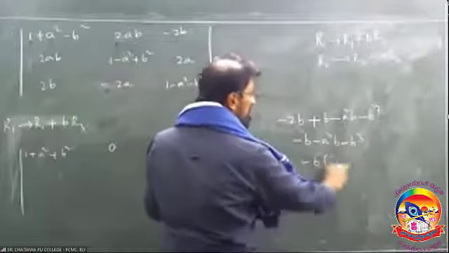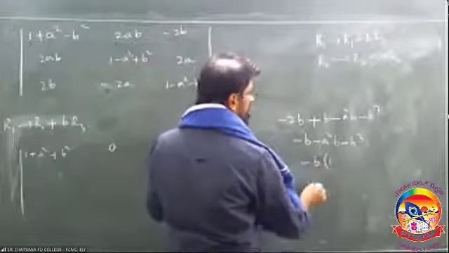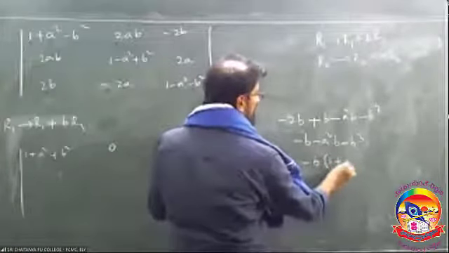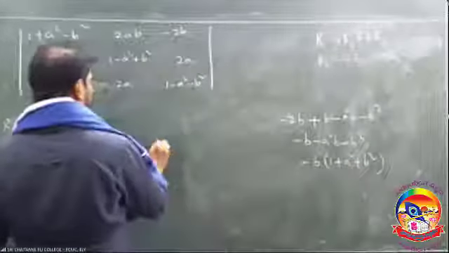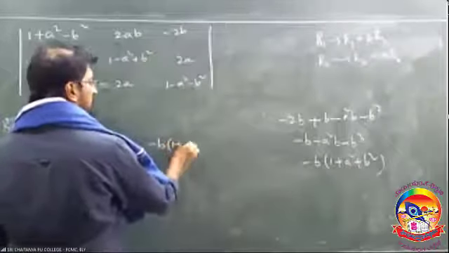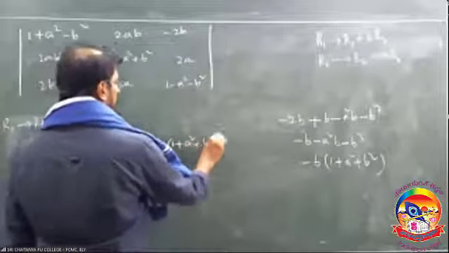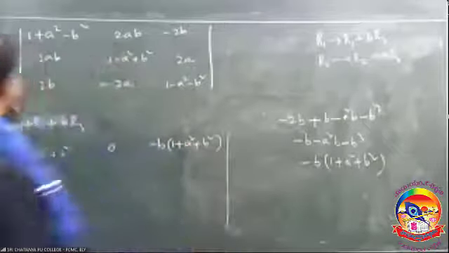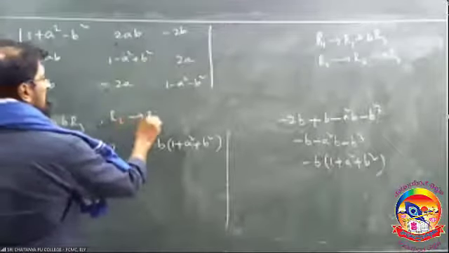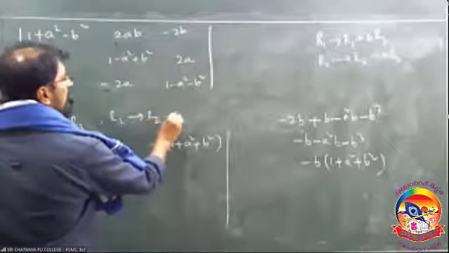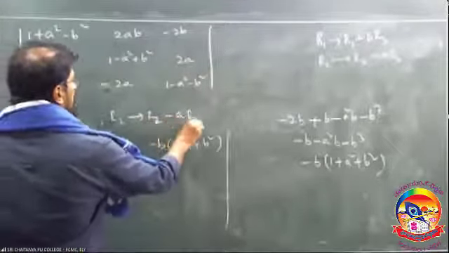Take minus b common, you are going to get 1 plus a square plus b square. So you are going to get minus b into 1 plus a square plus b square. Now this is the first row operation, and second row R2 changes to R2 minus a into R3.